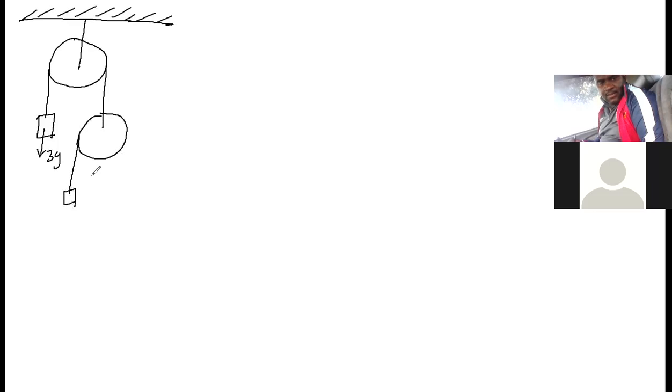We are back. Let's have our sketch again. I was saying we have a pulley system having here a weight of 3G. It is attached to a movable pulley on the other side.